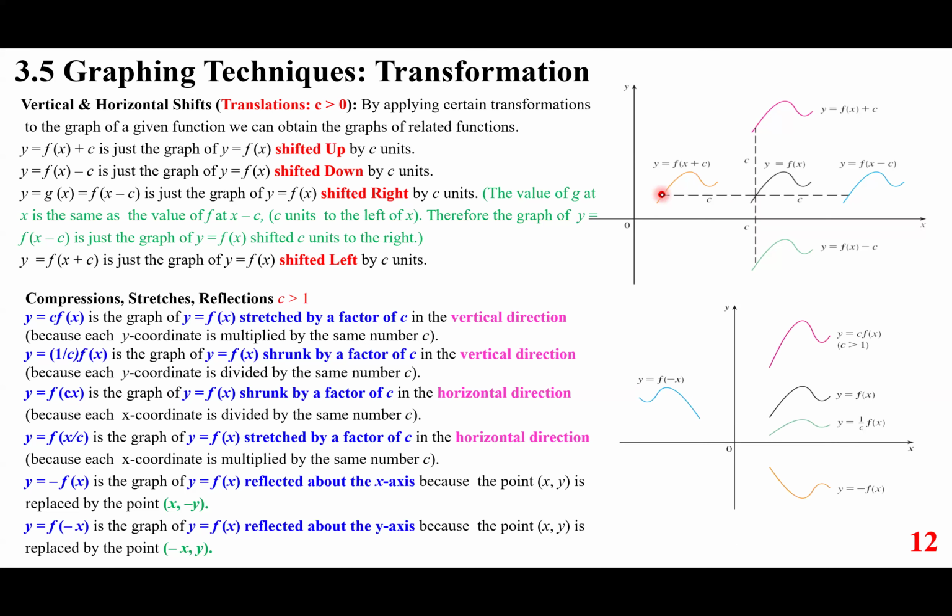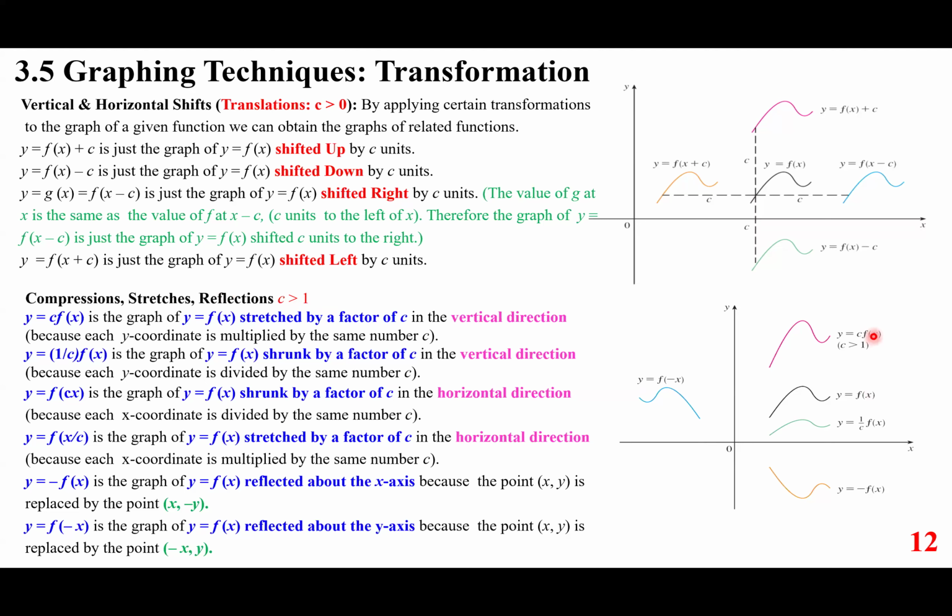Now let's look at the same function y equals f of x. And now we are going again to look at c, but this time c is a number which is larger than 1. That's the assumption. So we look at compression, stretches, and reflections.